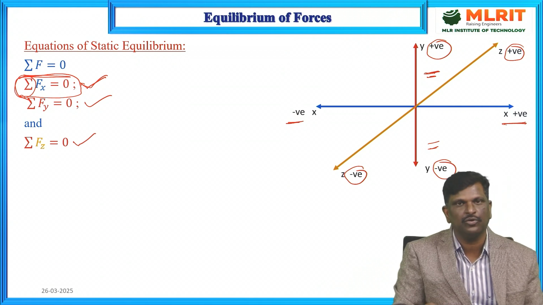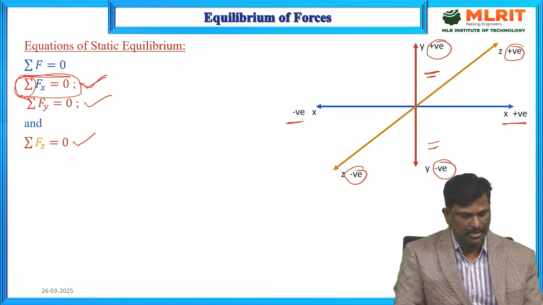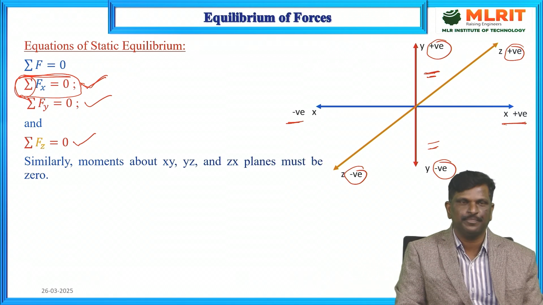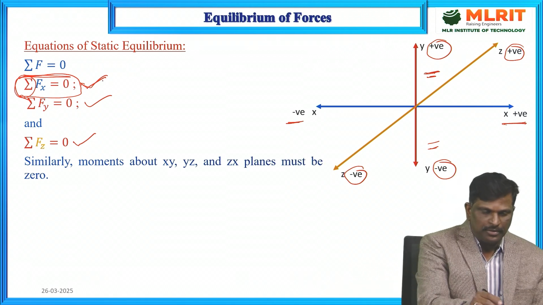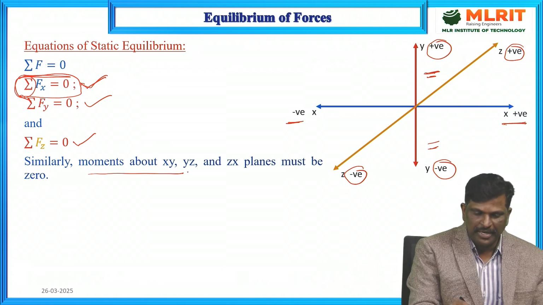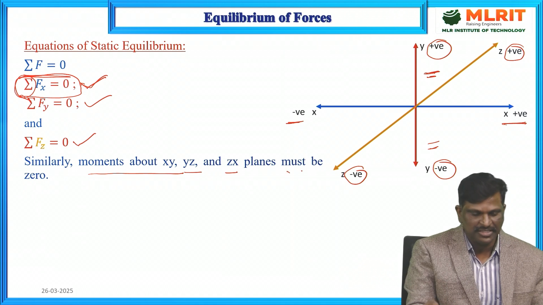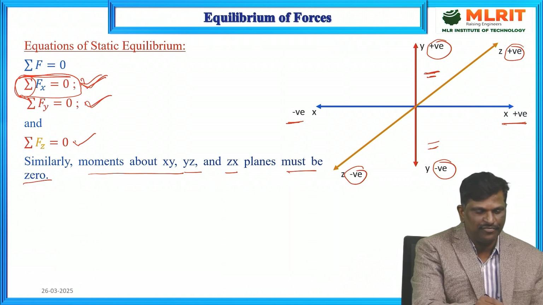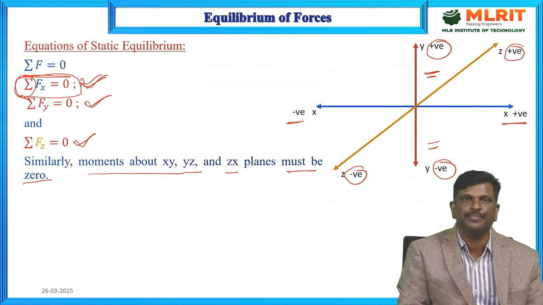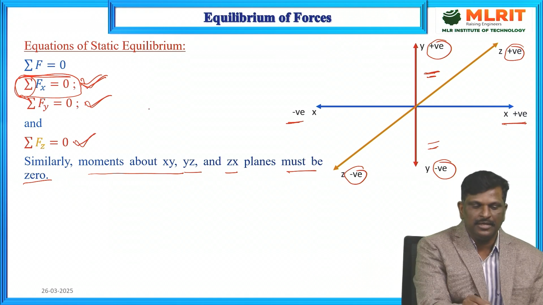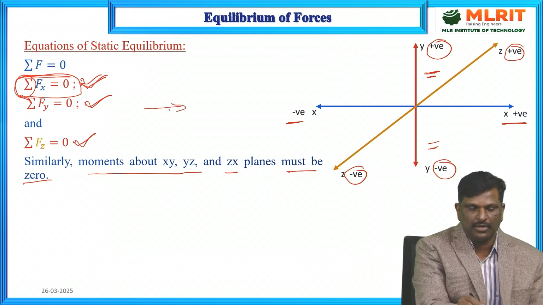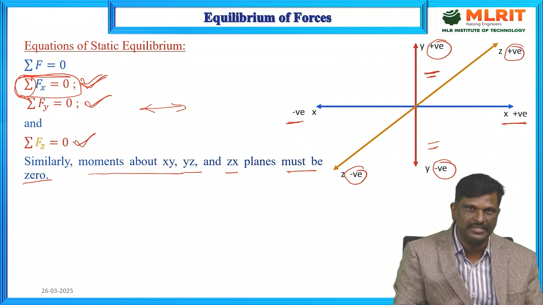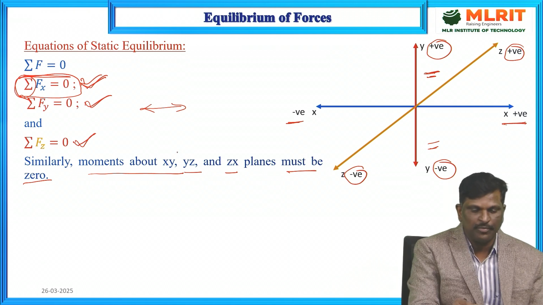We have three more equations that are related to moments. Moments about the xy plane, yz plane and zx plane must be 0. Here, Fx, Fy, Fz are arresting or balancing the translatory motion or translatory effect on the body. Now, look at the moments.